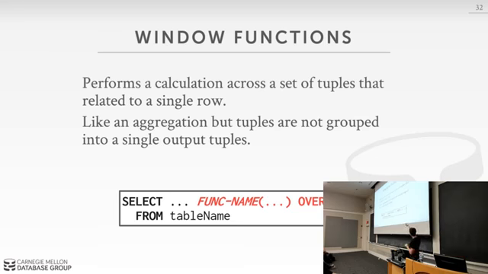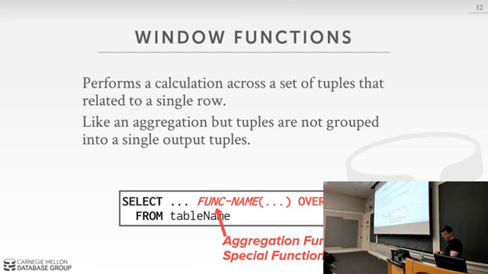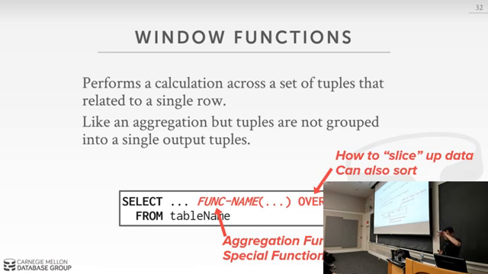So the basic syntax is like this. You have the function name, and then you have an over clause. The function name will be our aggregation functions and other special window functions, which I'll show in the next slide. And then the over clause defines how we want to slice up the data. This is sort of like combining together the aggregation and the group by, but in a single clause. So the function is like the aggregation function, and the over is like the group by.